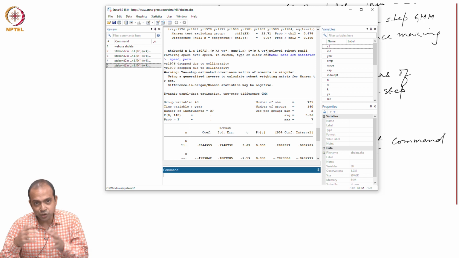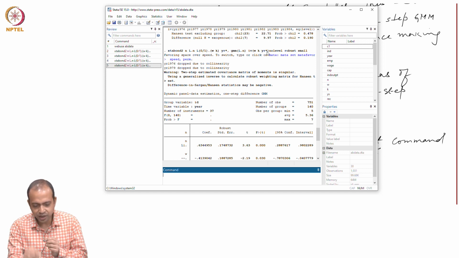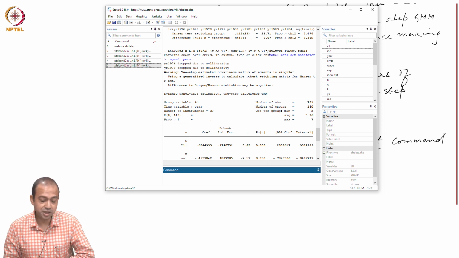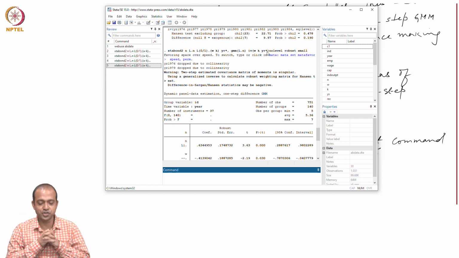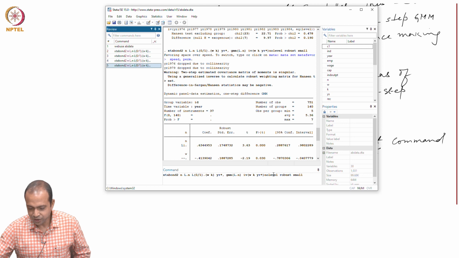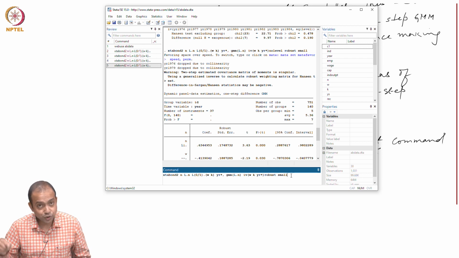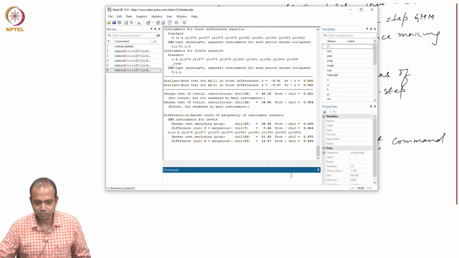So, this could be due to the specification of those variables. For the time being, I assume that this entire reduction in the coefficient is due to the one-step difference GMM, right. If I take level equation, that means the same specification with level equation, whether it will give me an estimate which will lie within the interval, let us see.